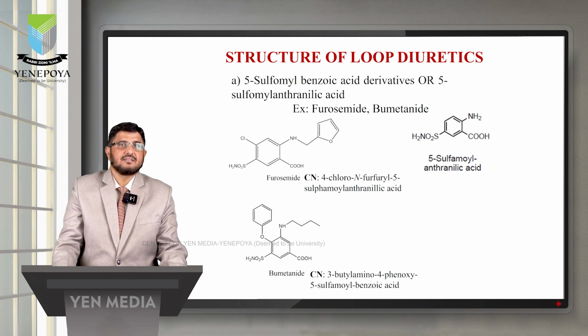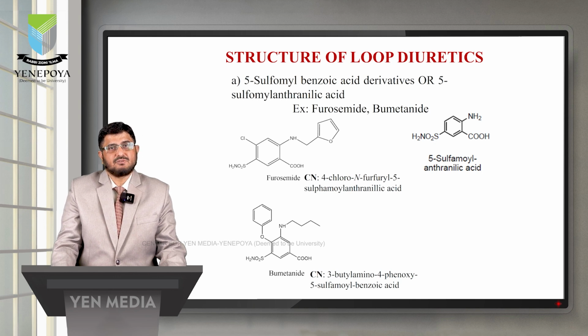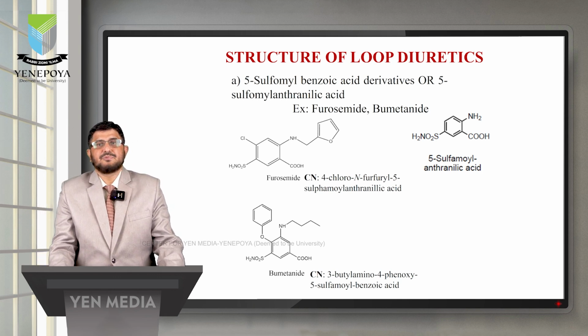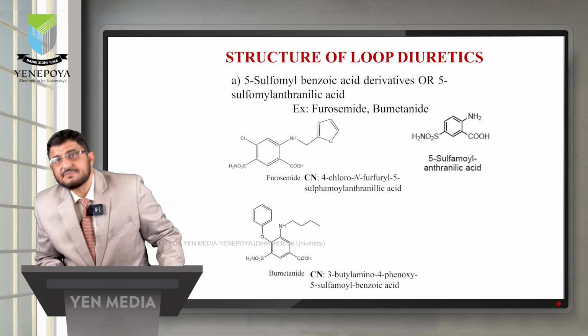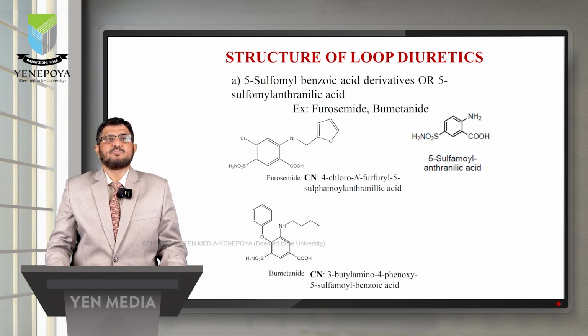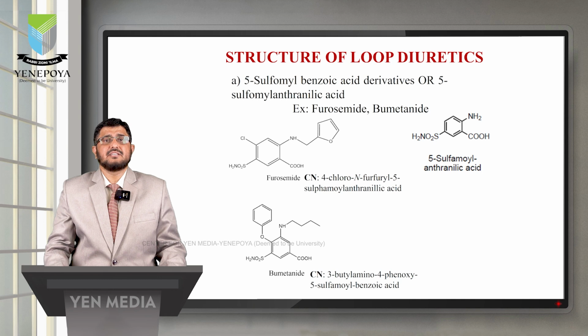Next is bumetanide. In bumetanide also the carboxylic acid is at the first position. In the second position the amine is not there, it is shifted to the third position, and it is substituted with a butyl amino group. At the fourth position the phenoxy group is present, and we have the sulfamyl group at the fifth position.